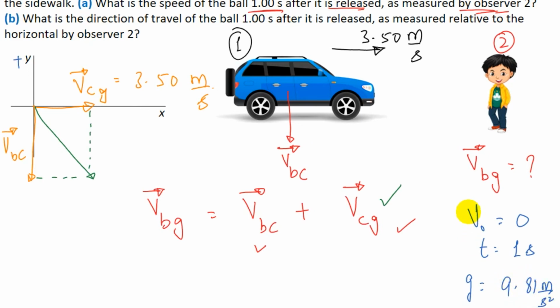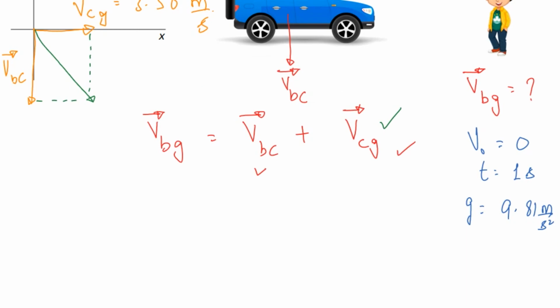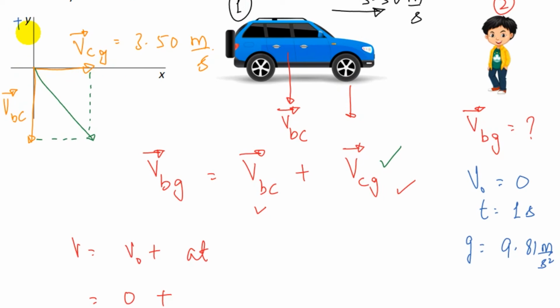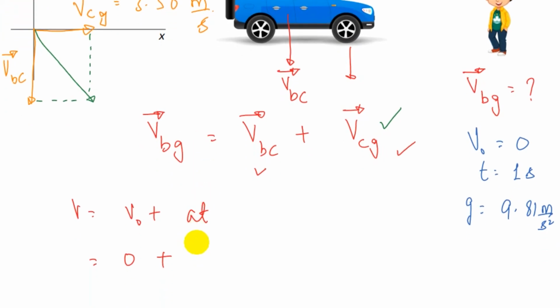Now we're going to use the equations of motion to find the velocity of the ball after 1 second. So we have V equals V naught plus a t. Now V naught is 0 because it's dropped from rest. Acceleration is the acceleration due to gravity, and since g is in the downward direction and we have taken upward to be our positive y, we should take it to be minus g times t.